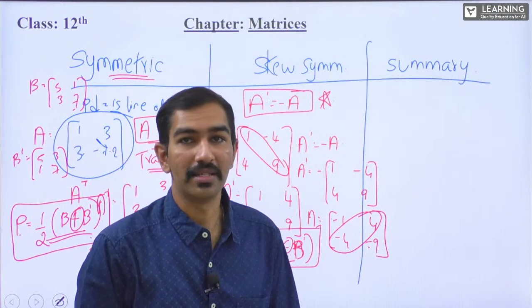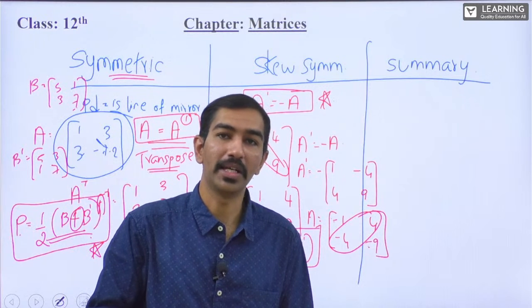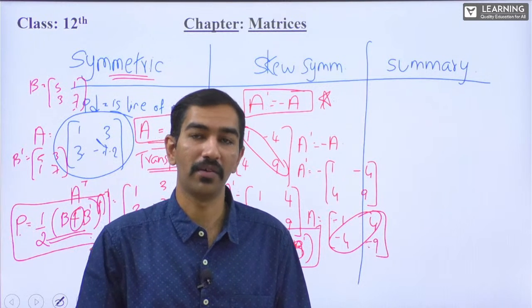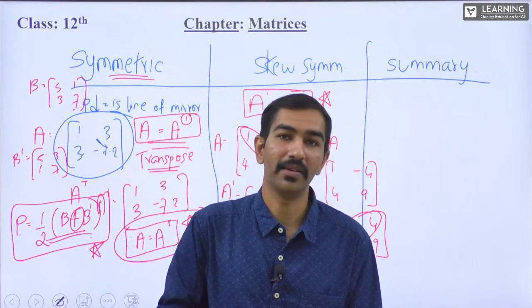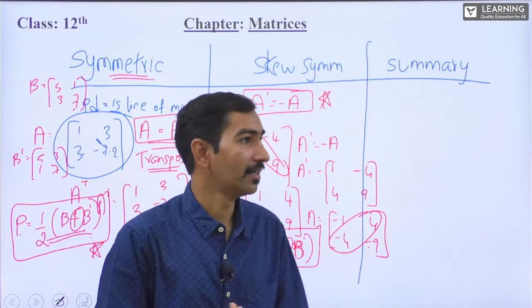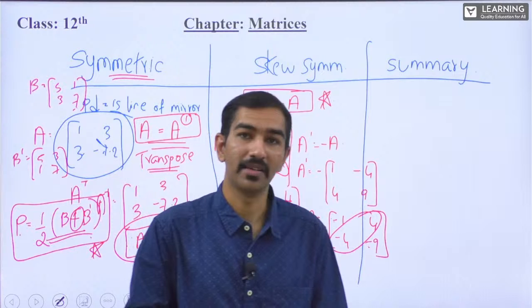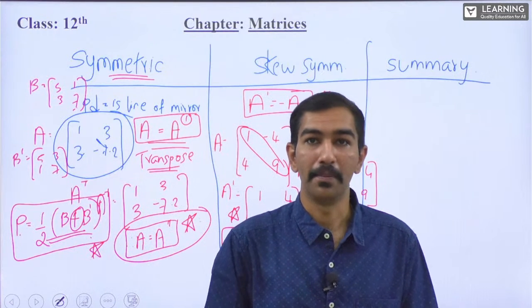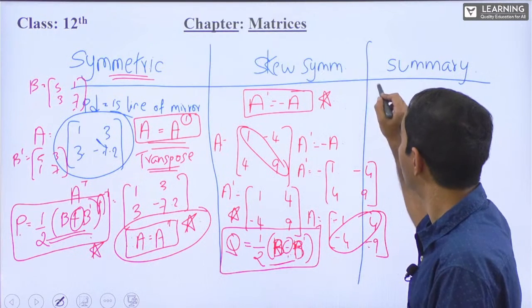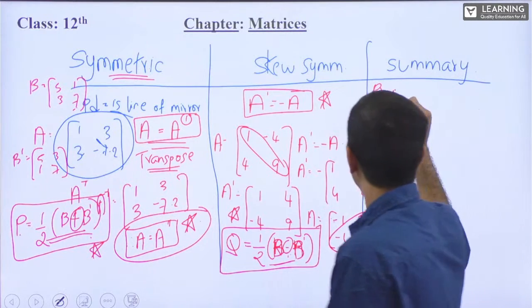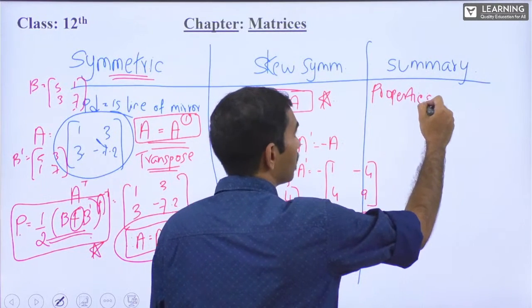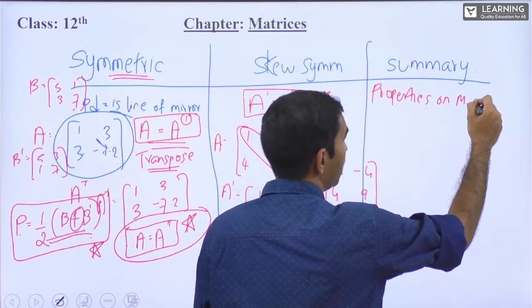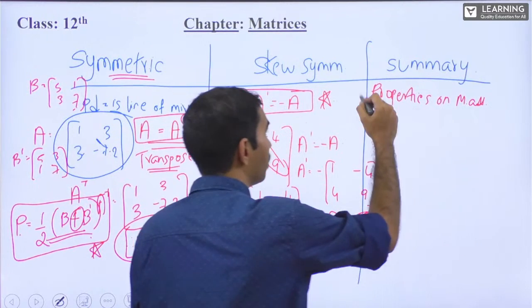Now what we'll see, students, at last we'll be having a very quick look at the summary, meaning whatever we have covered in today's class. Okay, so what we started with today, we started with properties of matrix addition, correct? So properties on matrix addition, first one.